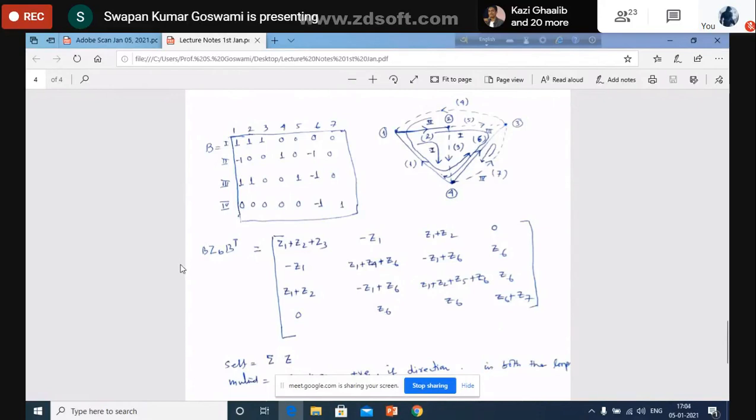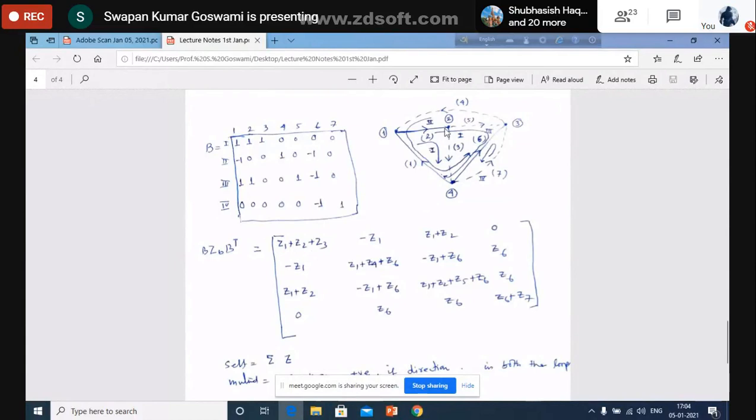How many rows and columns does this matrix B Z B transpose have? There will be a 4 by 4 matrix because there are 4 loops. This is the self impedance of loop 1. In loop 1 there are these 3 elements, so the summation of impedances of these 3 elements, Z1 plus Z2.